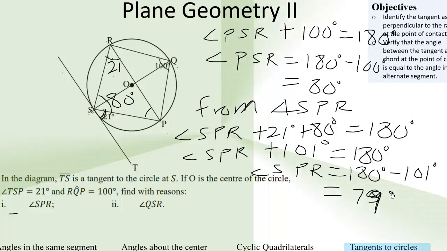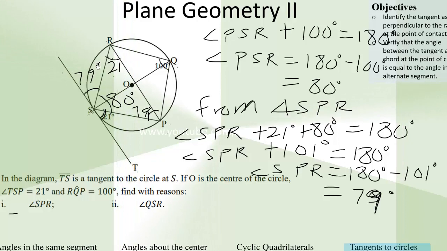Now that we found angle SPR, we can now find angle QSR. So this is 79, and when this is 79, this will be equal to this angle here, which is also 79 degrees. Angles in alternate segments are equal.